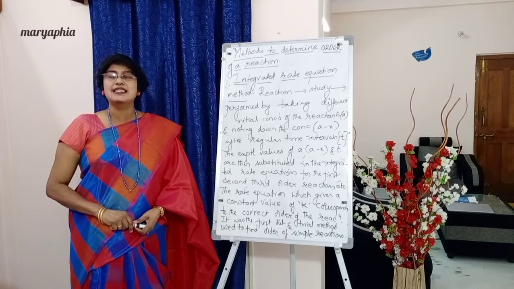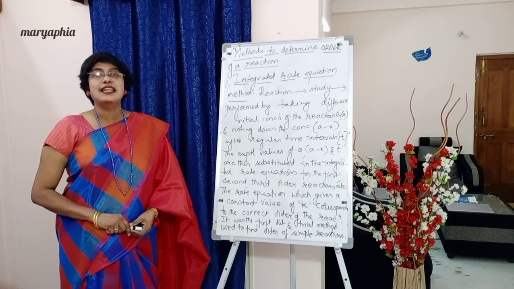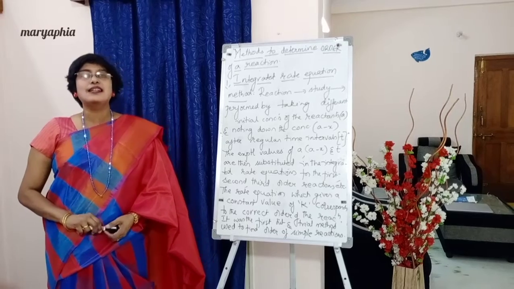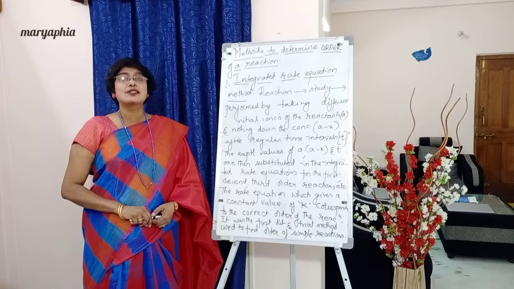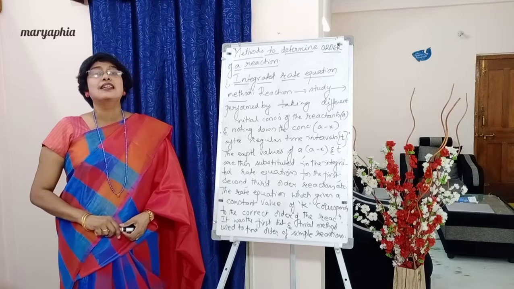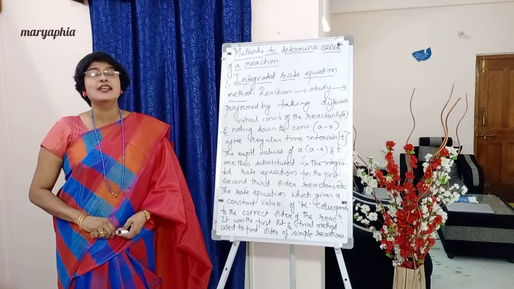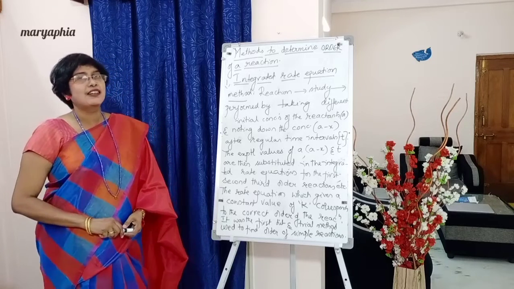Kindly go back and check the definition of order of a reaction. Later we studied kinetics of first order, second order, zero order reactions, and also radioactive disintegration kinetics. So you must be knowing by this time what order of a reaction is.